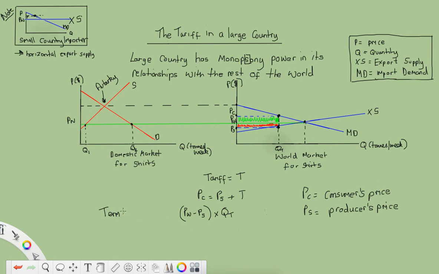It's that part of the government revenue collected in a large country that is not paid by the consumers in the large country, but is instead forced back onto the suppliers of the good abroad. And so theoretically, a selfish country can use this to offset the welfare effects of the tariff.